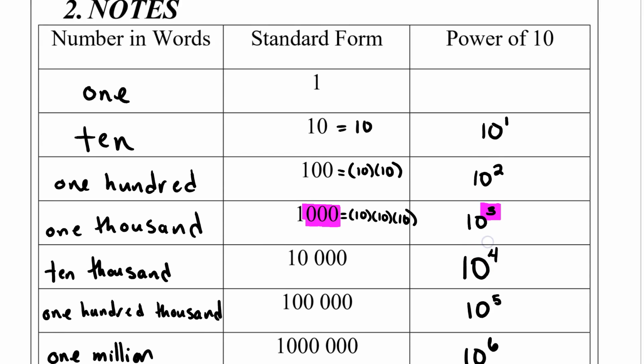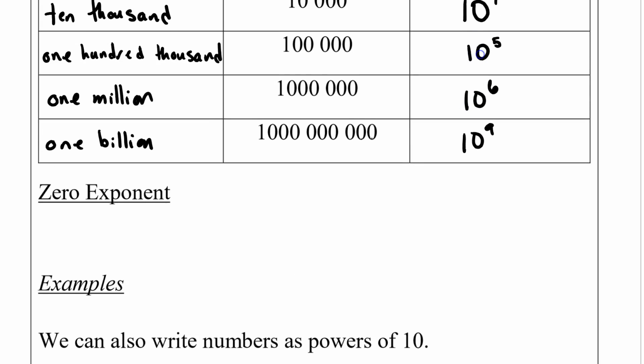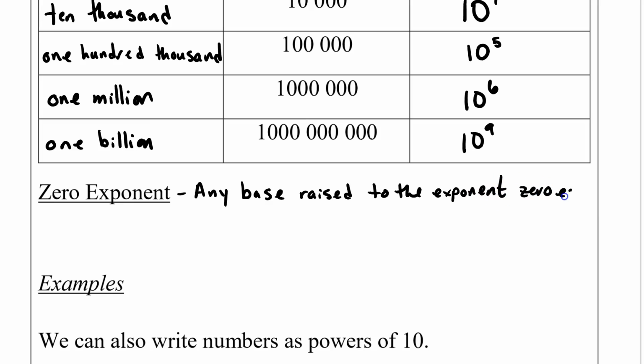We are going to get back to this one, but first I want us to take a few notes on the zero exponent. Any base raised to the power or exponent 0 equals 1.